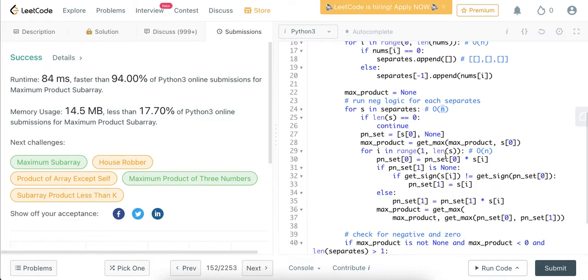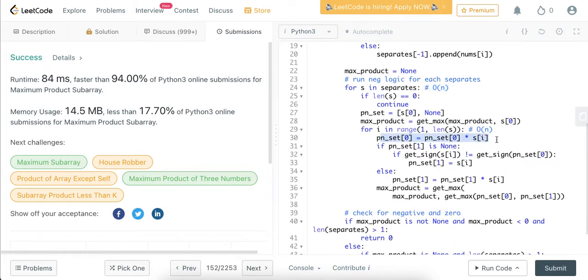It looks like two loops, and the worst case for each loop is n, but when these two loops are together, it's still just big O(n), not big O(n) squared. And then this is just multiplication and comparison, get sign is only big O(1), the marks also only big O(1). So in total this section only costs us another big O(n).